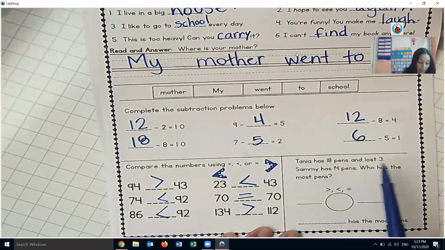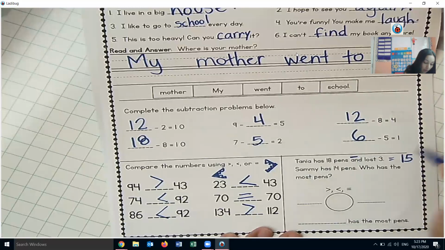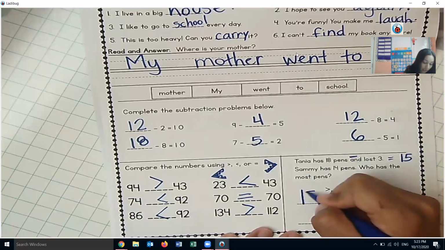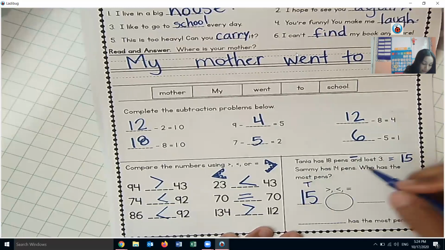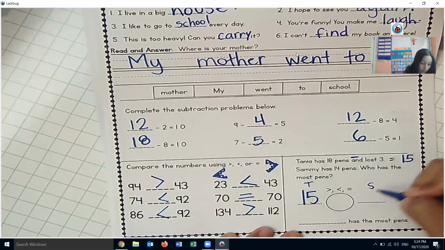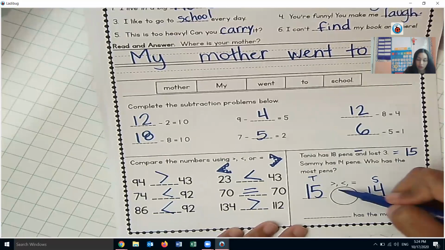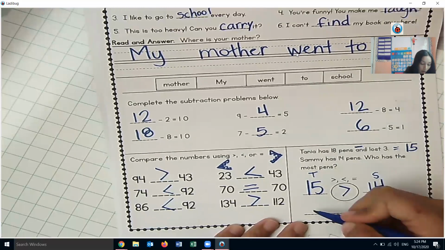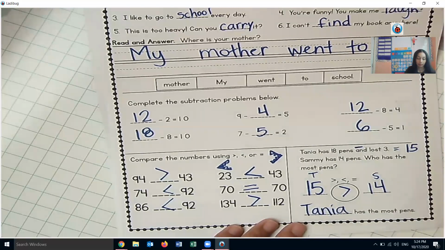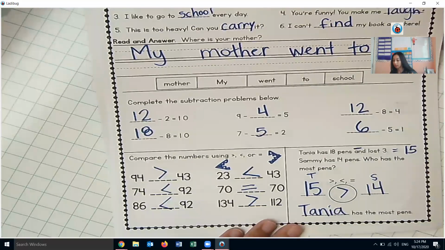So I'm gonna think in my head, 18 minus 3 gives me 15. So Tanya has 15, and Sammy, they just gave it to us, she has 14. So who has the most pens? 15 is bigger, so that means Tanya has the most pens.